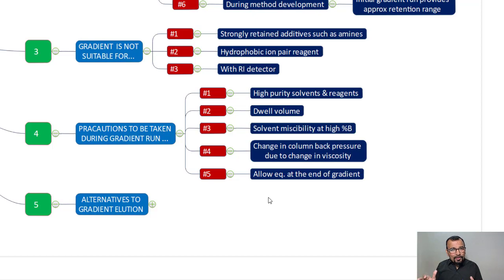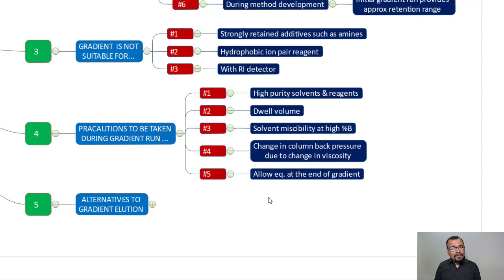So you must give, let us say, 5 minutes or 7 minutes for the system equilibration to its initial gradient proportion.